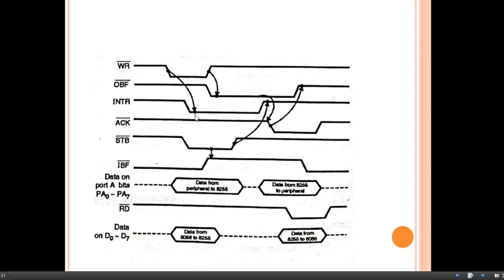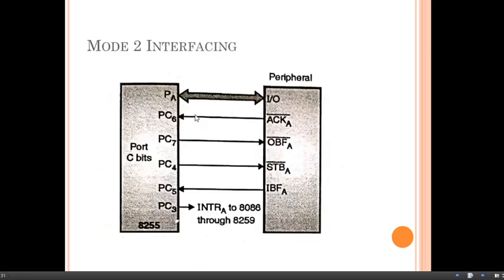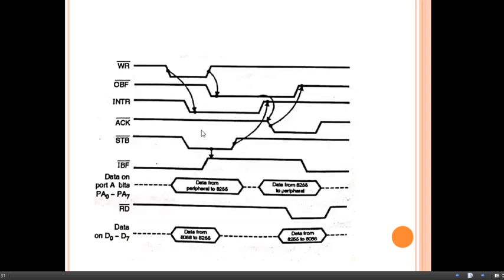After that, the OBF signal is generated, and in response to that the ACK signal gets generated. Once the ACK signal gets activated, the OBF signal will be removed.